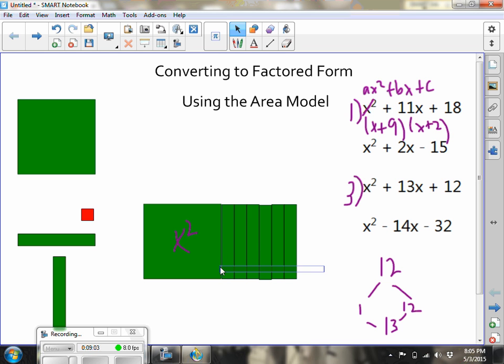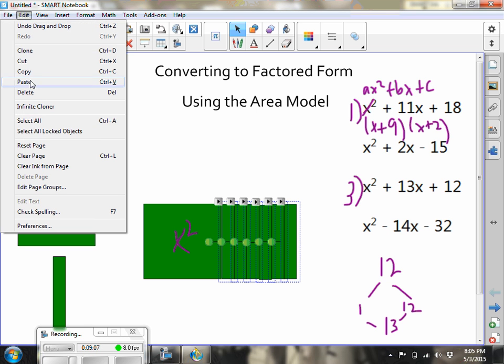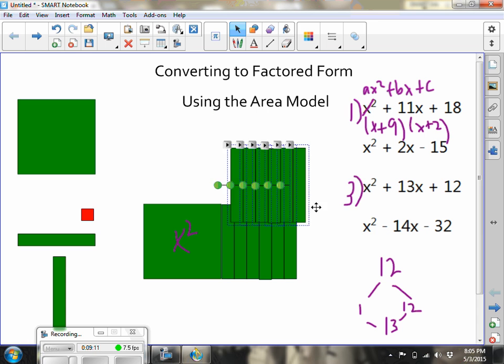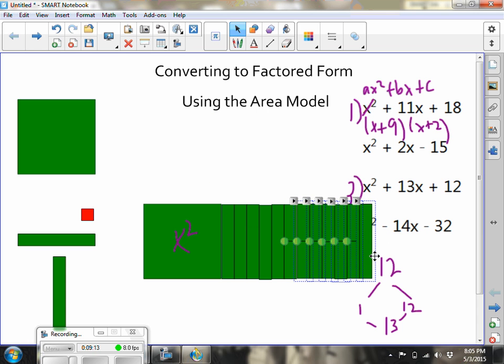All right, I'm going to do a cheat method here. And let's just copy those to make me 6 more. And then I extend the other side by 1. Get it a little bit closer.